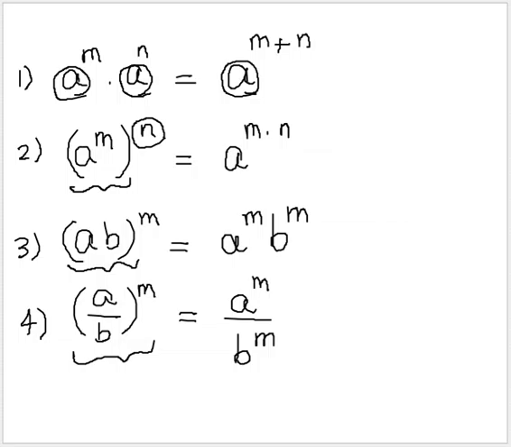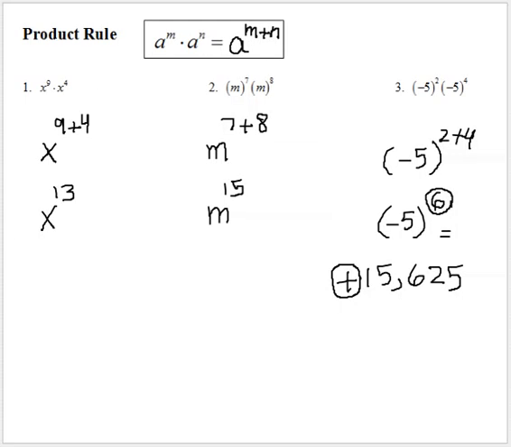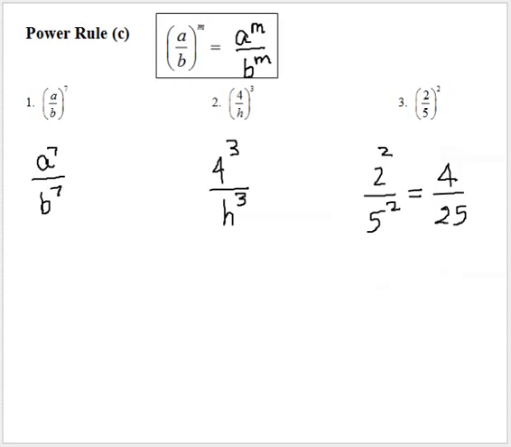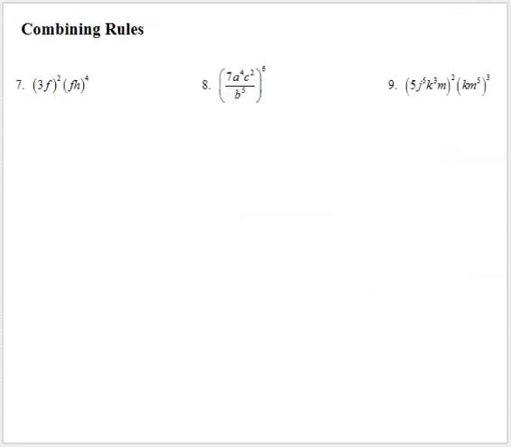Well, yeah, or rule number 3 if you have more than one number inside the parentheses for your base. So let's take a look at that. So the first one would be 3 to the power of 2, f to the power of 2, and then the next one we have f to the power of 4, h to the power of 4.